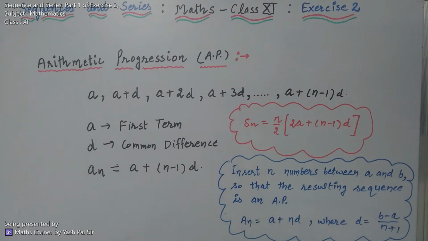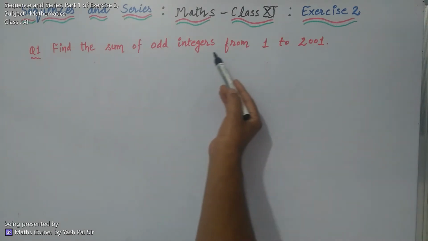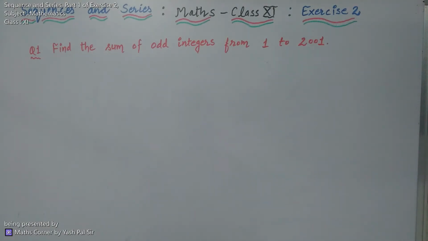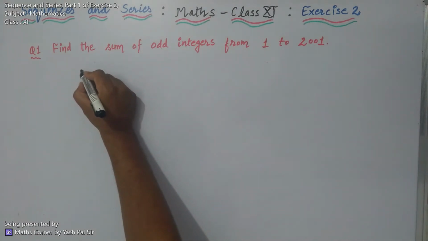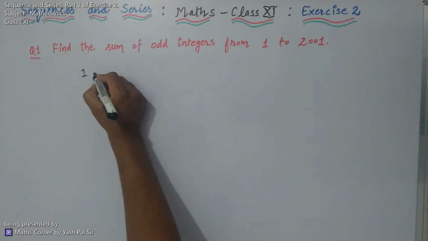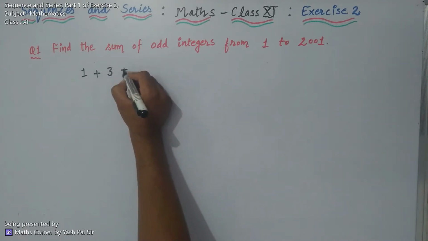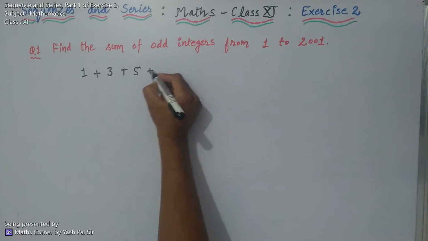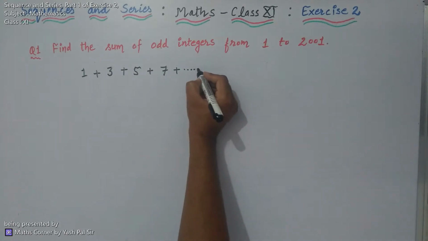Right? Now coming to the questions of the exercise, the very first question is question number 1. Find the sum of odd integers from 1 to 2001. So here we say: 1 plus 3 plus 5 plus 7 plus so on.